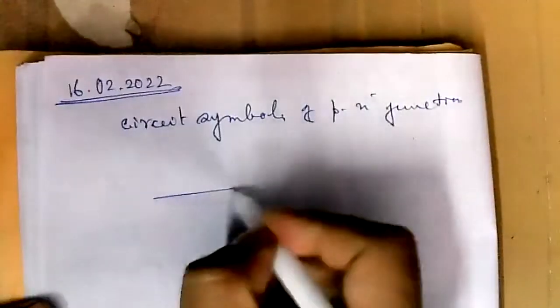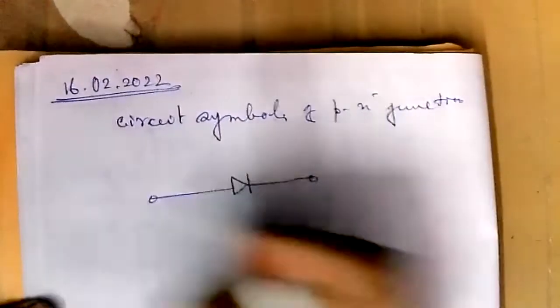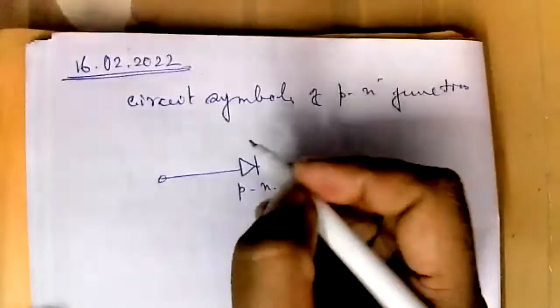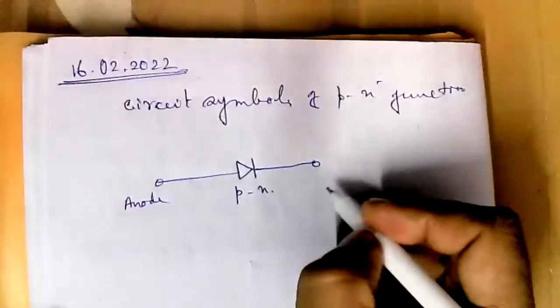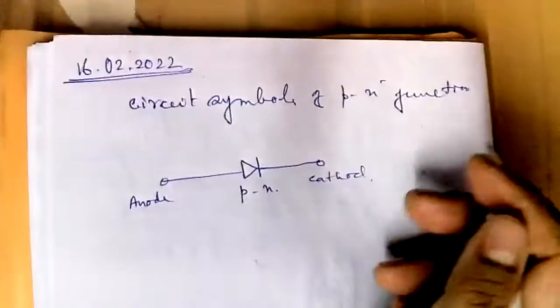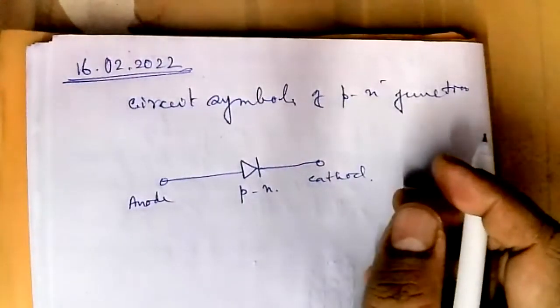It is something like this. This is P side, this is N side. Okay, so you can say this is anode side and this is cathode side. So this is the circuit symbol of a PN junction.